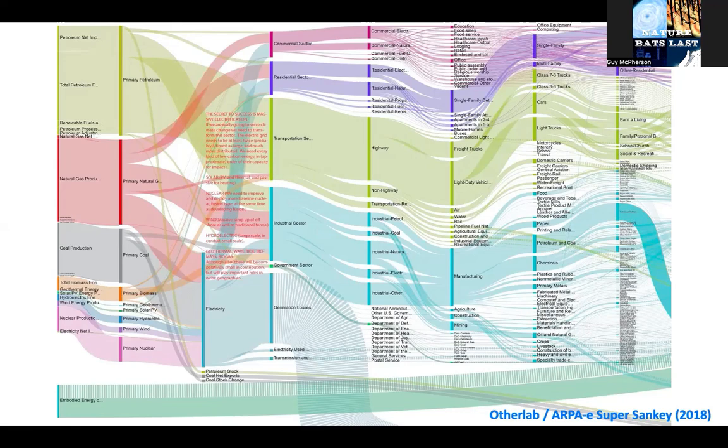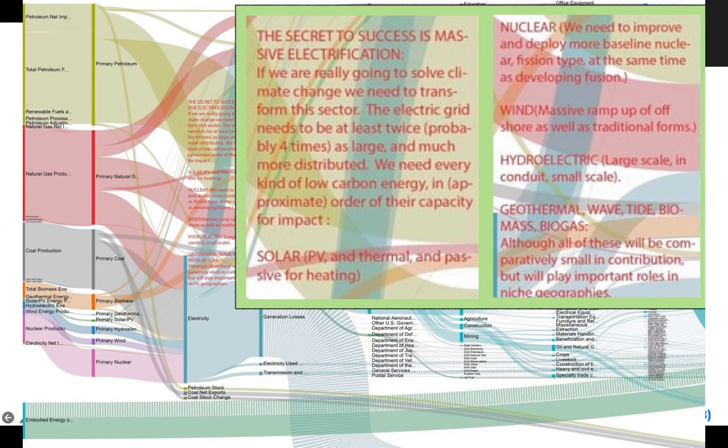Right. Now, there's a note in the middle, and I would try and magnify it, but that would probably lose it. So I'm just going to read it. It says, the secret to success in reducing fossil fuels is massive electrification. If we are really going to solve climate change, we need to transform this sector.